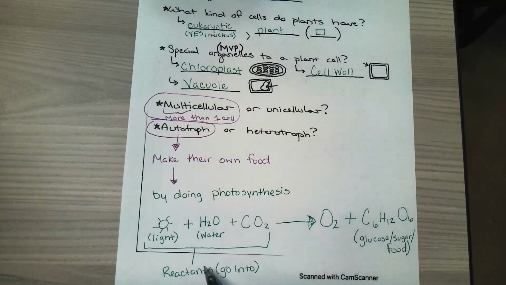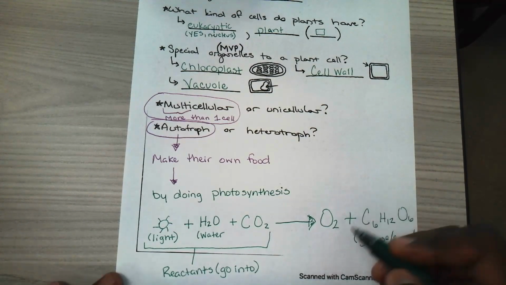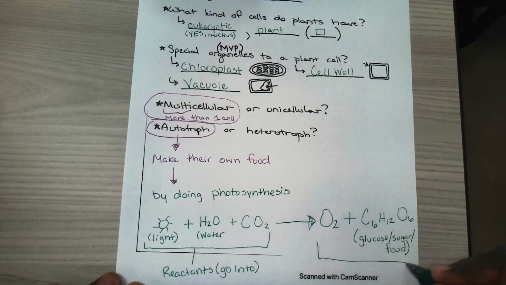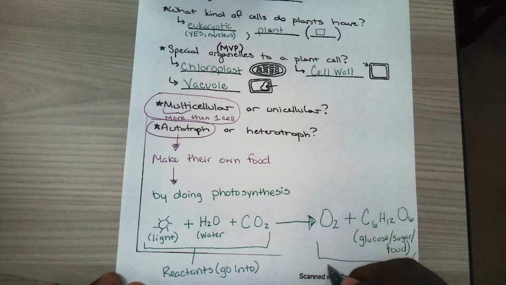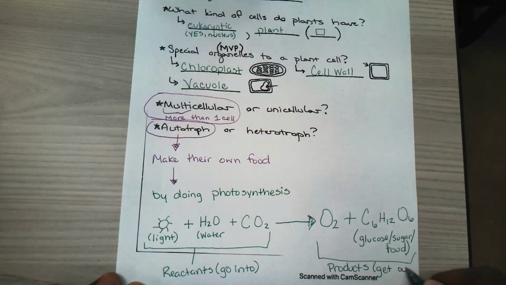So this side is the reactants, and once we have our chemical reaction, on the other side we have what we call our products. This is what we get out of a chemical reaction.